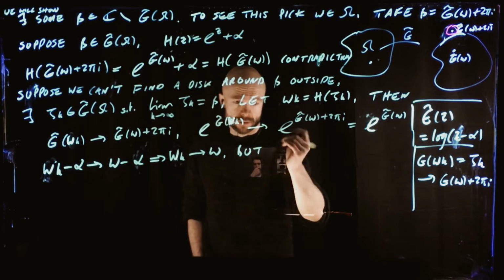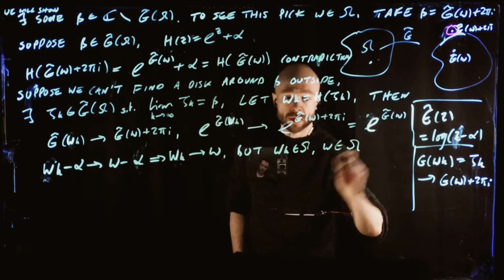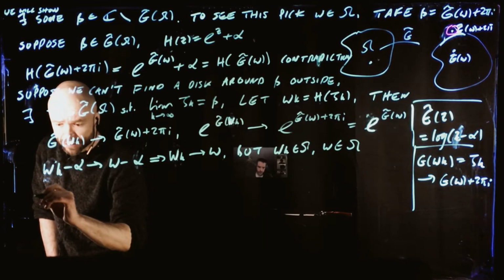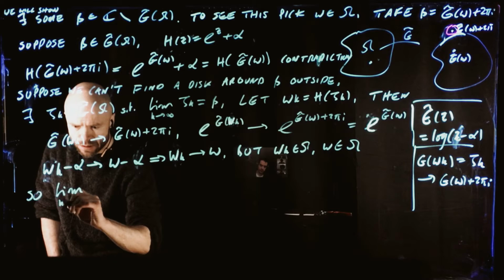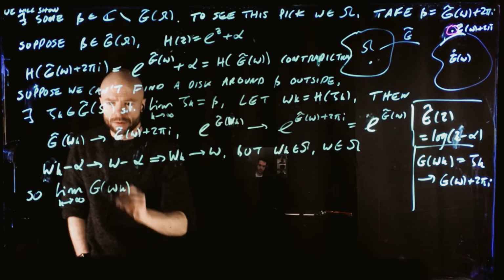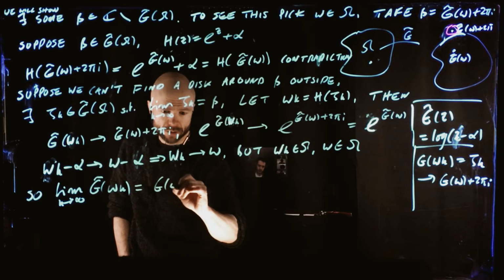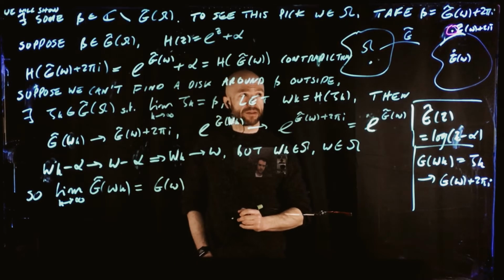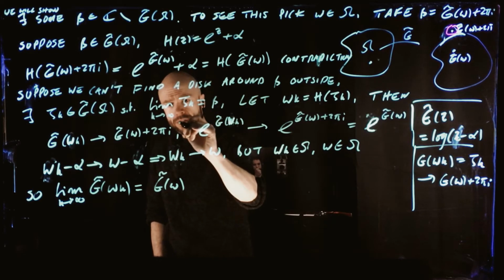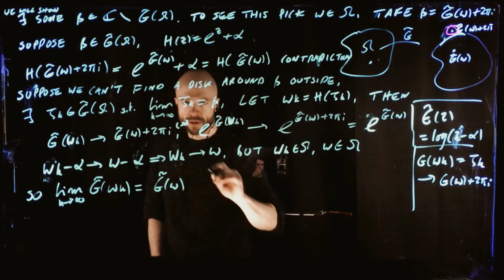So wk belongs to omega, w belongs to omega, and on omega our function G is well defined and continuous. So the limit as k tends to infinity of G tilde of wk is equal to G tilde of w. But we also have that this is tending towards this other thing, which is a totally different number, and therefore it's a contradiction. So this contradicts star.